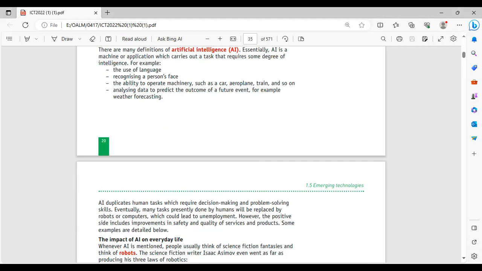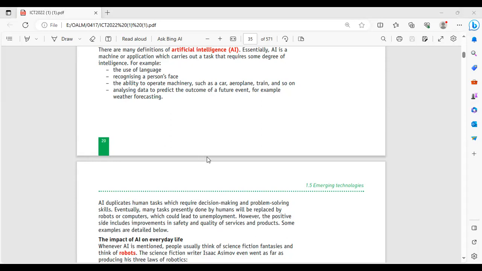they're talking about artificial intelligence, and they're saying it helps a lot, and it's like AI, which is like robots and all those, and it requires some degree of intelligence, and the use of language, recognizing a person's face, able to operate machinery such as a car, airplane, train, and analyzing data, predict the outcome of a future event.